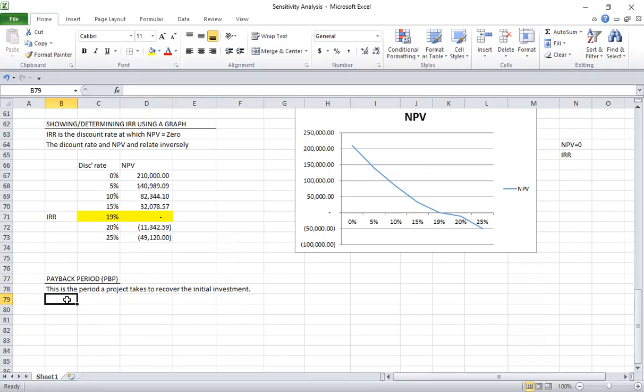Is it when it is small, or is it when the period is a lot of time? Are you happy when you take longer to recover your initial investment, or when you take shorter time?